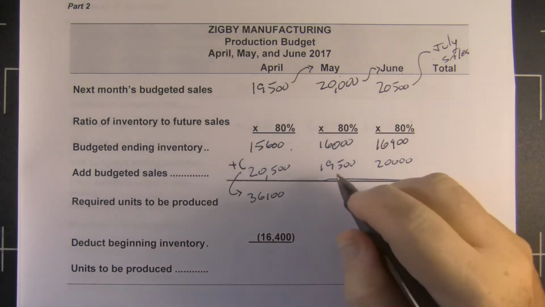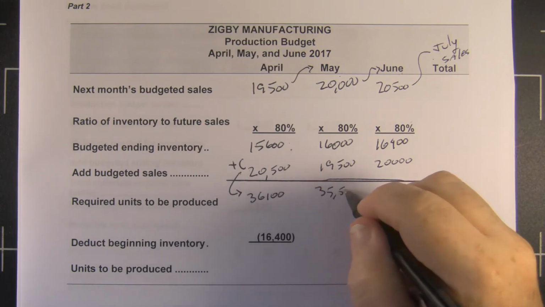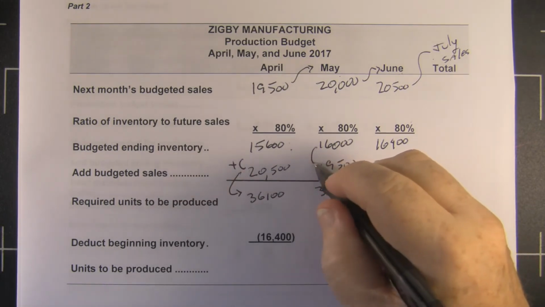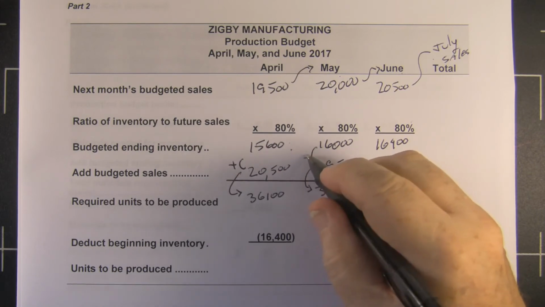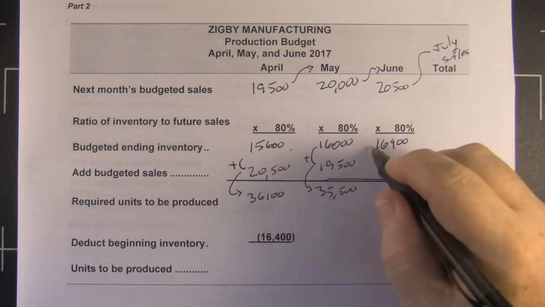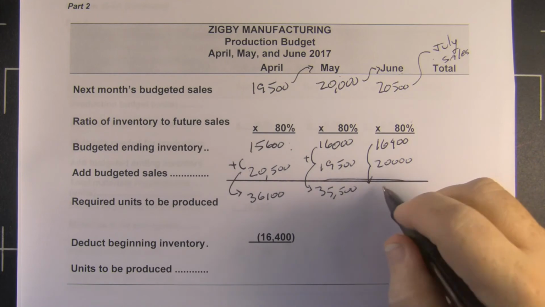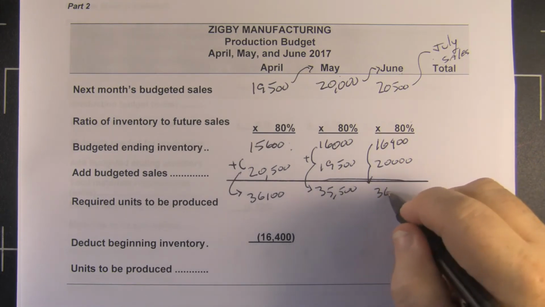We're going to need 35,500 in May, and again, that's these two units added together. And when we do the same addition for June, we need 36,400.